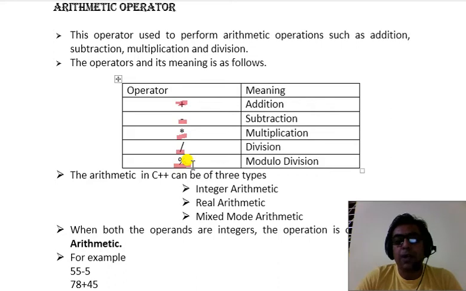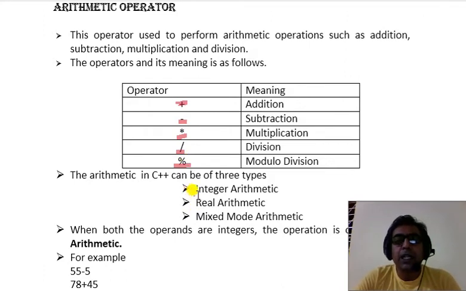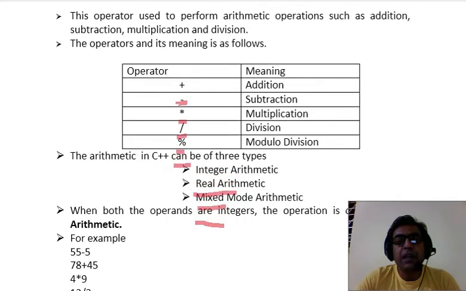Okay. Now arithmetic operators are again divided into three different types, that is integer arithmetic, real arithmetic, which is also called as float arithmetic, and mixed mode arithmetic operators. Now what do you mean by integer arithmetic, real arithmetic or mixed mode arithmetic?